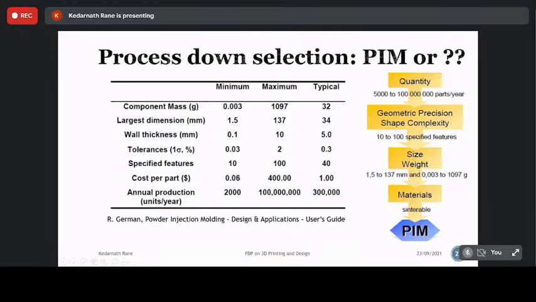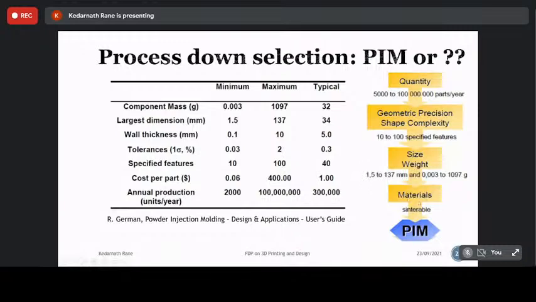The size of the part is between some millimeters and microns, maybe 1.5 millimeters, or a higher dimension. But as we saw in the previous pictures, micro injection molding is also a very important factor, typically for telecom and electronic applications.